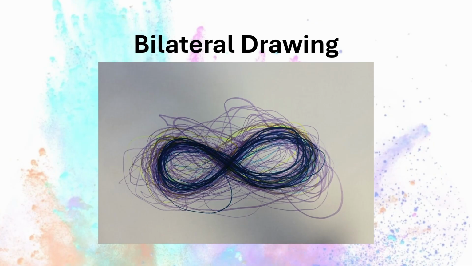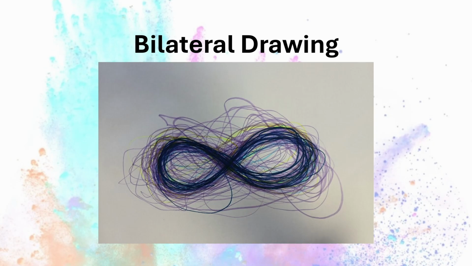The size of any of the bilateral drawings can be on any size paper. You will notice a client may do small movements or large movements. There is no right or wrong way. The main thing is that they're swapping the pen from side to side and focusing on that event.